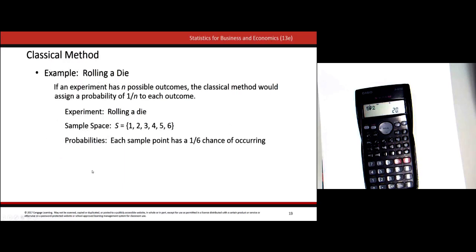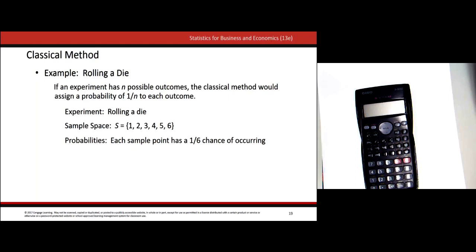Such as rolling a die. So if an experiment has n possible outcomes, and they are all equally likely outcomes, then each outcome has probability of 1 over n. Because the sum of the probabilities for all outcomes must be 1, and if you have n equally likely outcomes, then each outcome has probability of 1 over n.